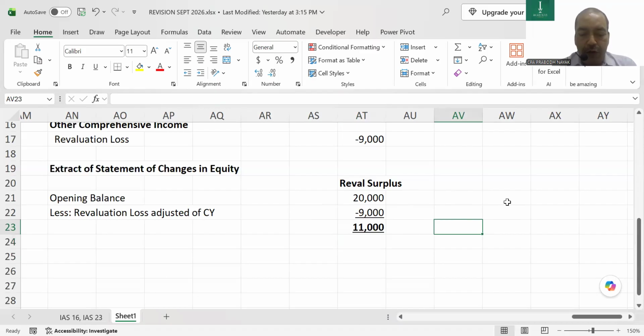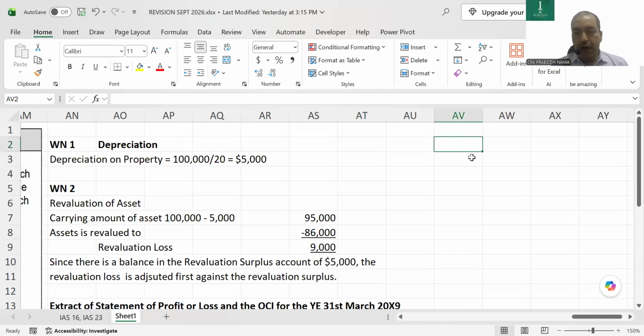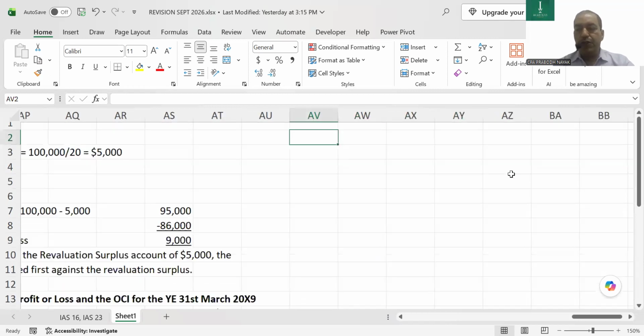I suppose everyone is doing their revision for the September exams on a daily basis without fail. Those who are working students, see that you take a break from your office. Done. Let us now come to the extract of statement of financial position.